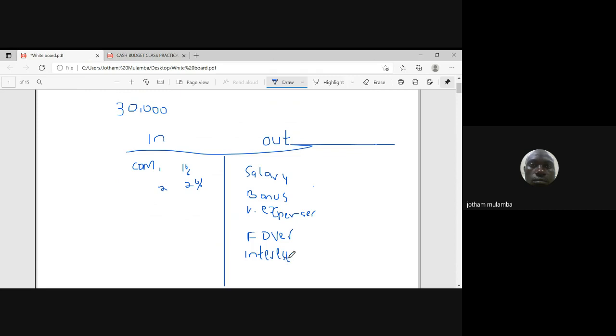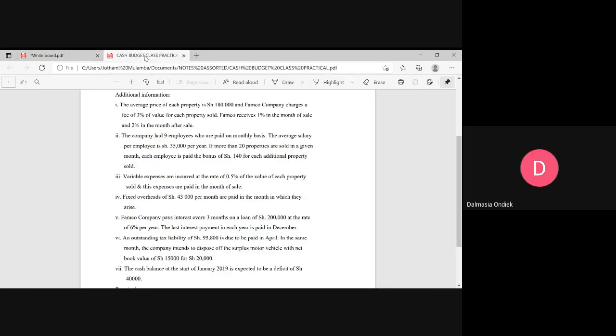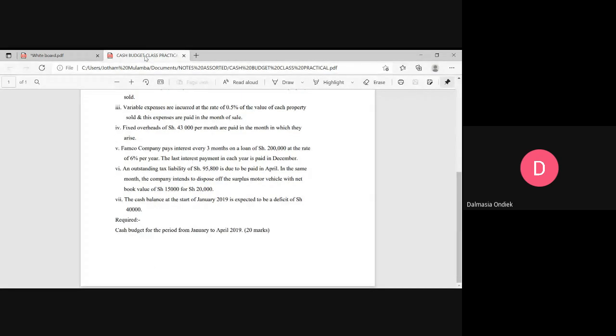Next point. Go back to the screen. Okay, yes. An outstanding tax liability of 95,800 is due to be paid in April. In the same month, the company intends to dispose of the surplus motor vehicle with net book value of 15,000 for 20,000 shillings.